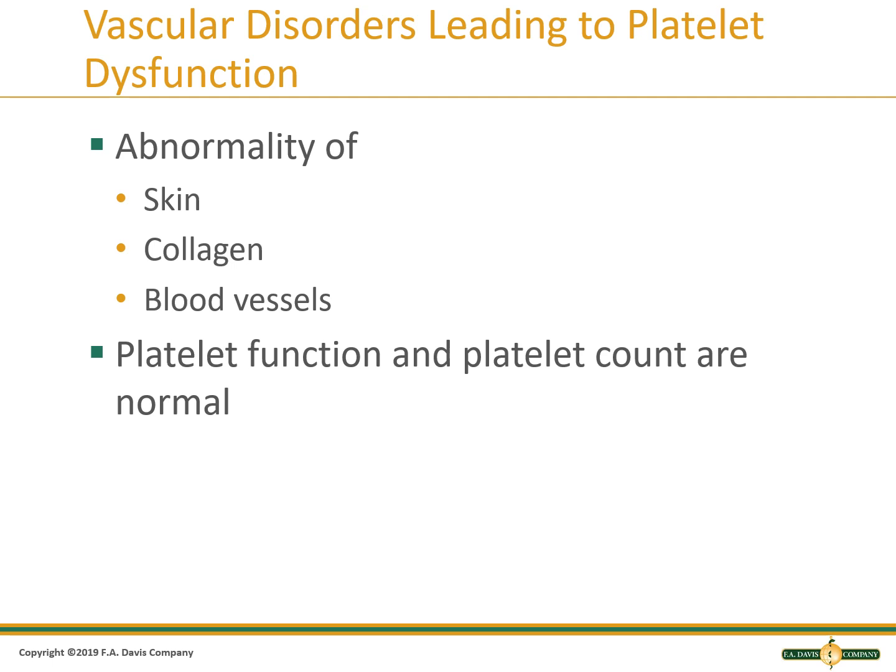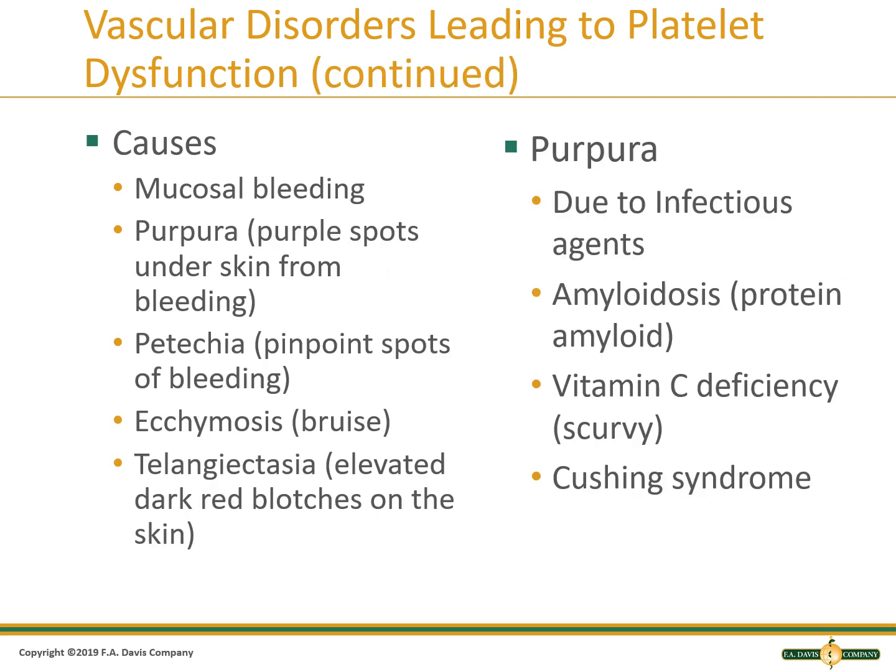Patients may also have vascular disorders leading to platelet dysfunction. There might be some sort of abnormality of the skin, of the collagen, of their blood vessels. However, the platelet function and platelet counts are normal. Vascular disorders leading to platelet dysfunction can cause mucosal bleeding, which means there's bleeding in areas where there are mucous membranes.